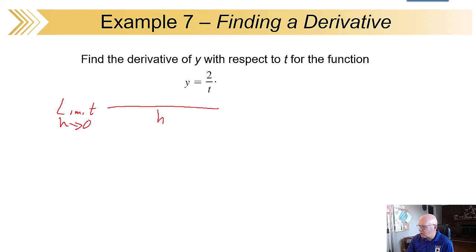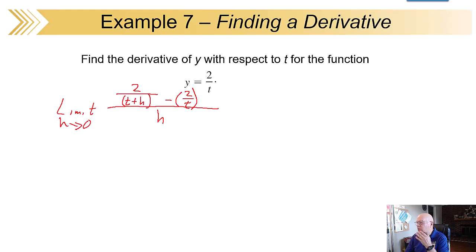Well, you know h is in the bottom. You know you're going to be subtracting because it's the difference quotient. And you're going to be subtracting 2 over t, the original function. And what's over here? Well, here we're going to have t plus h, where the t was, and of course 2 on the top. There's our difference quotient and our limit.